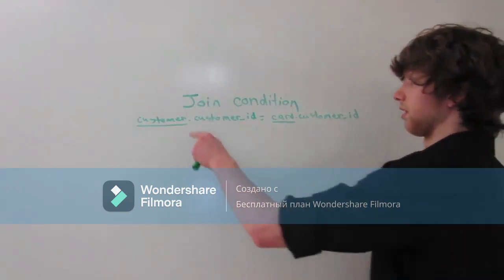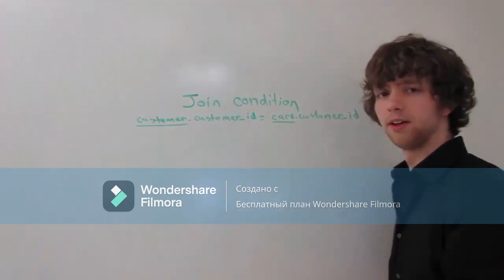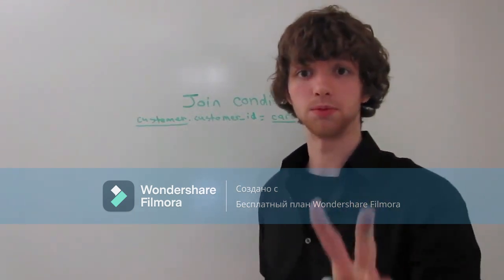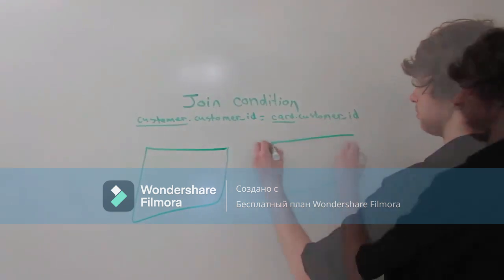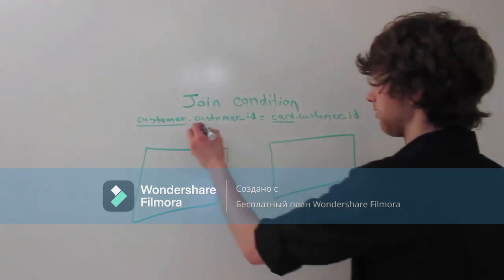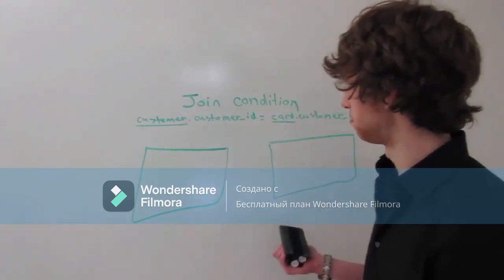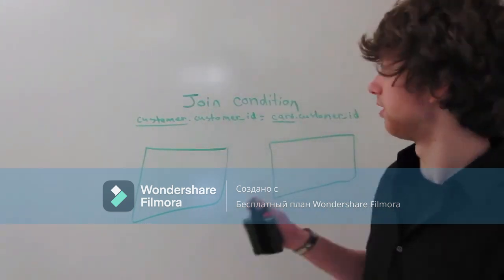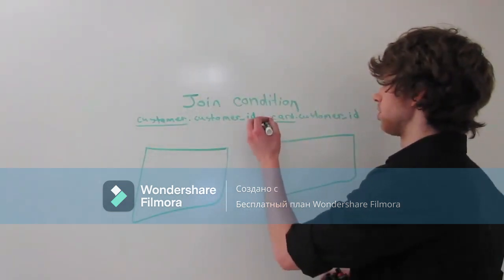So we've got customer.customerID and card.customerID. That means there are 2 tables, the customer table and the card table, and both of these have a column customerID. It's basically simple dot syntax, table dot column, and this is making an association.